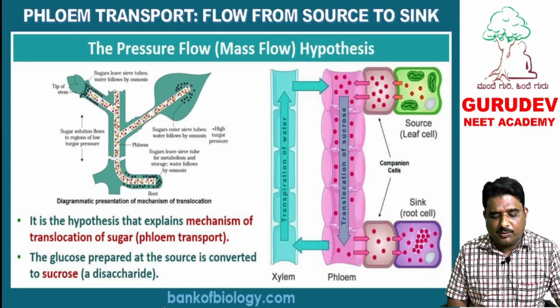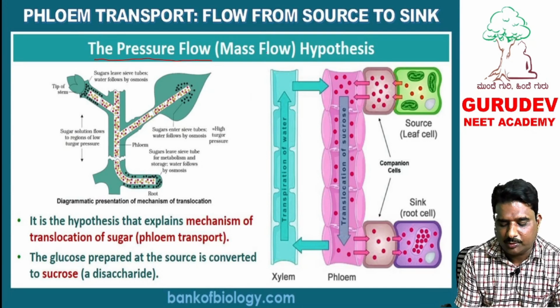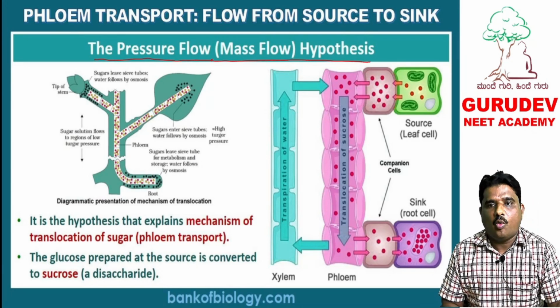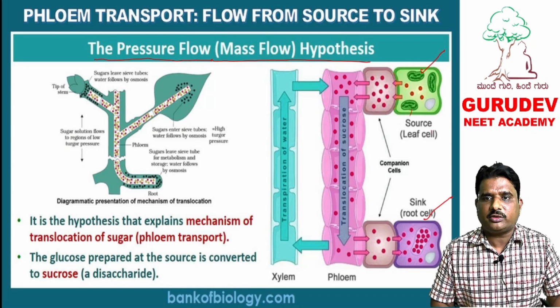Okay, in transport in plants, we have come across the pressure flow hypothesis or mass flow hypothesis. What does this hypothesis explain? Remember, this is a leaf and this is a root. The leaf is called a source, and the root is called a sink.